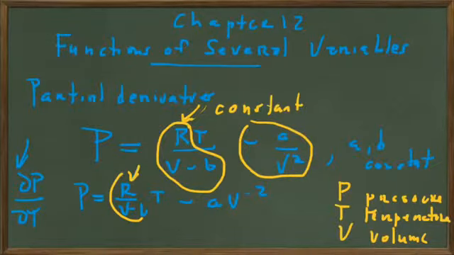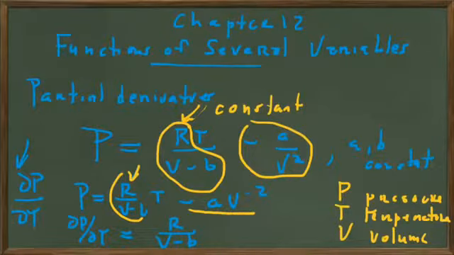And so partial p partial t is just that constant r over v minus b. And then when we go to take the partial derivative of this term right here, everything is a constant, and so we've actually got the partial derivative already right here. So that's the partial of p with respect to t.